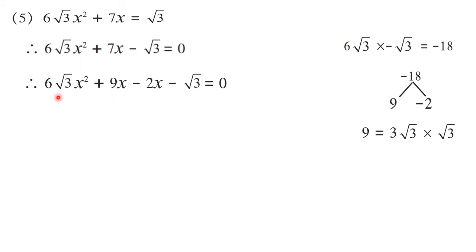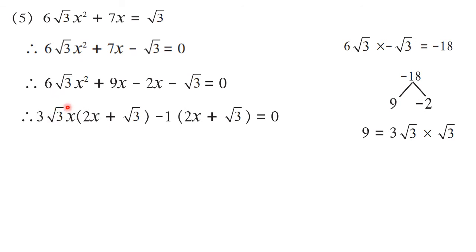So let us take out common 3 root 3x. And when we take out 3 root 3x common here, 3 2s are 6. That is why 2x is left out here. And from this 9 you can see I have written here. When 3 root 3 is taken out, only root 3 is left out. Okay. So inside the bracket we got 2x plus root 3.